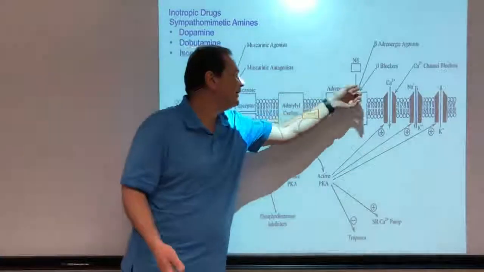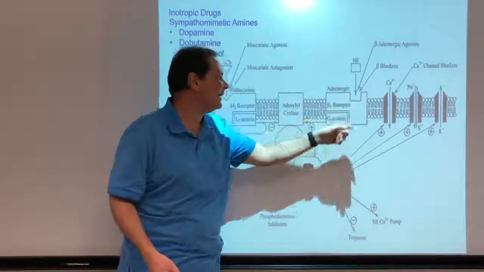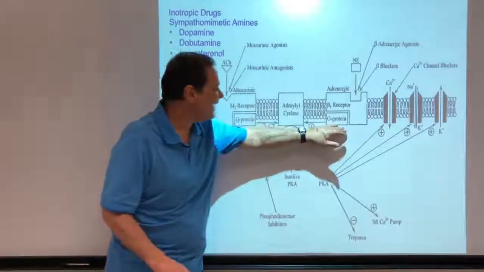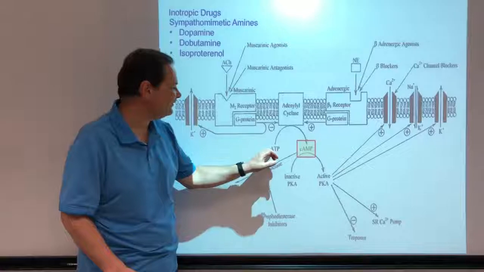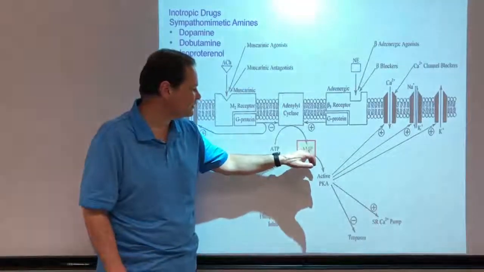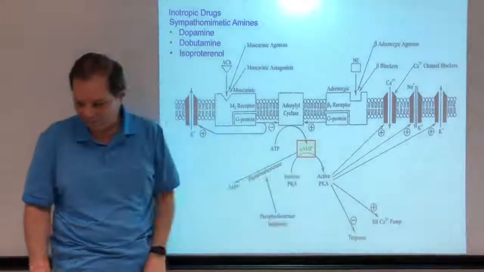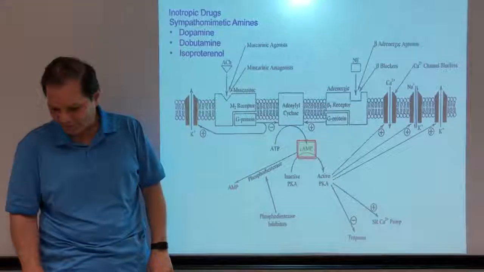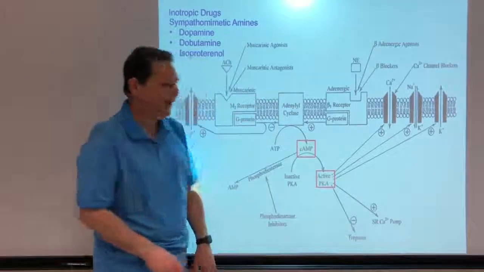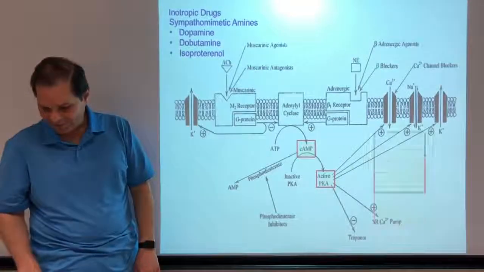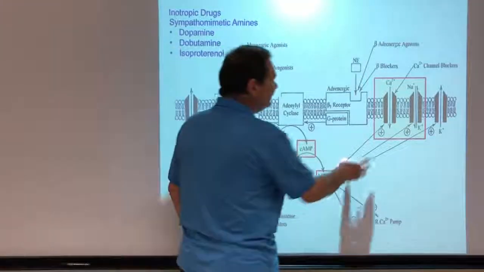In this case, the isoproterenol binds the beta-adrenergic receptor, that activates Gs, that stimulates adenyl cyclase, that increases the conversion of ATP to cyclic AMP. Cyclic AMP goes up in the cell, and it binds to protein kinase A and activates it. Protein kinase A has its targets in the cell.